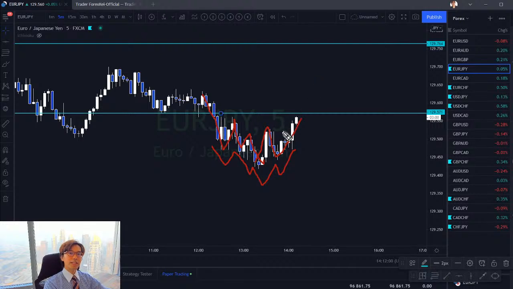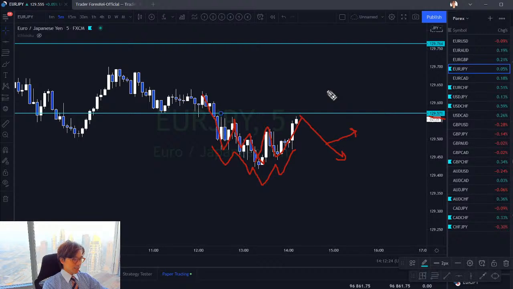But we have to wait until the market breaks the neckline, which is near 129.57. Otherwise, it might retrace backwards still, or it might become range afterwards. So let's just wait until the market breaks the neckline of this inverse head and shoulders in the 5-minute chart and look for an entry chance afterwards.